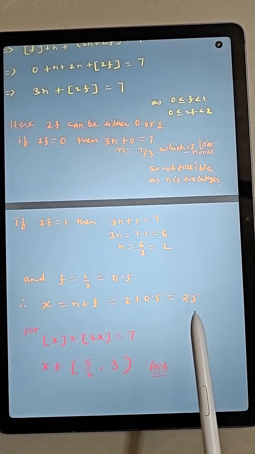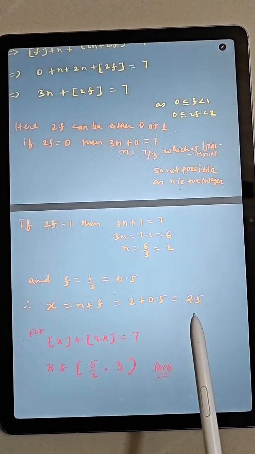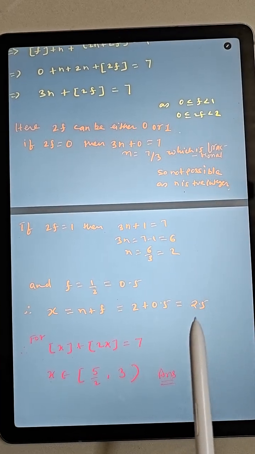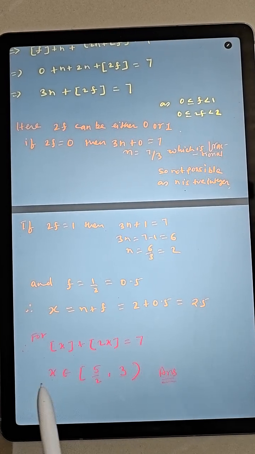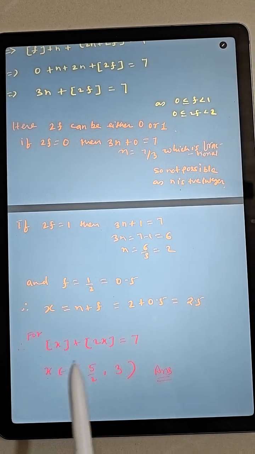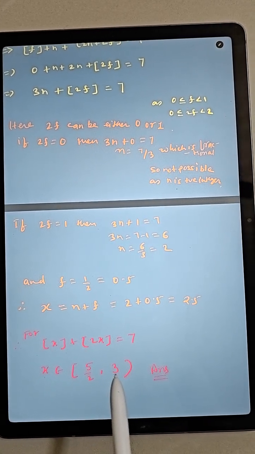So one value we are getting more specifically is 2.5, which lies between 2 and 3. We can write this 2.5 as 5 by 2, so for this equation x will belong to 5 by 2, closed interval from the left side and open interval from the right side 3.